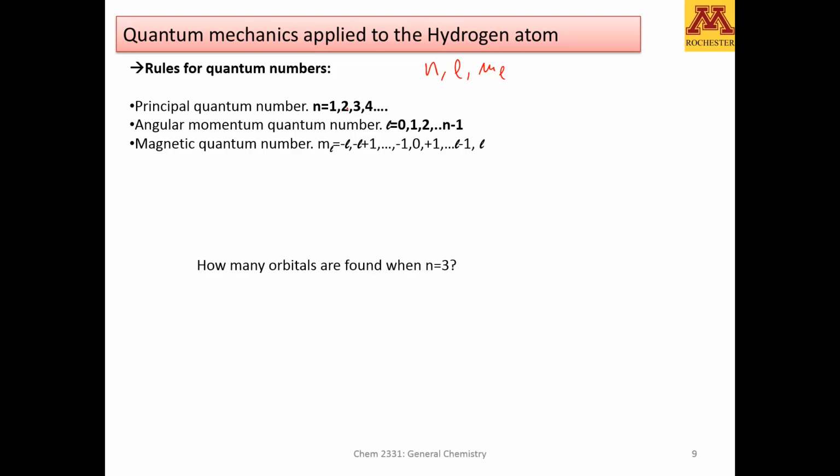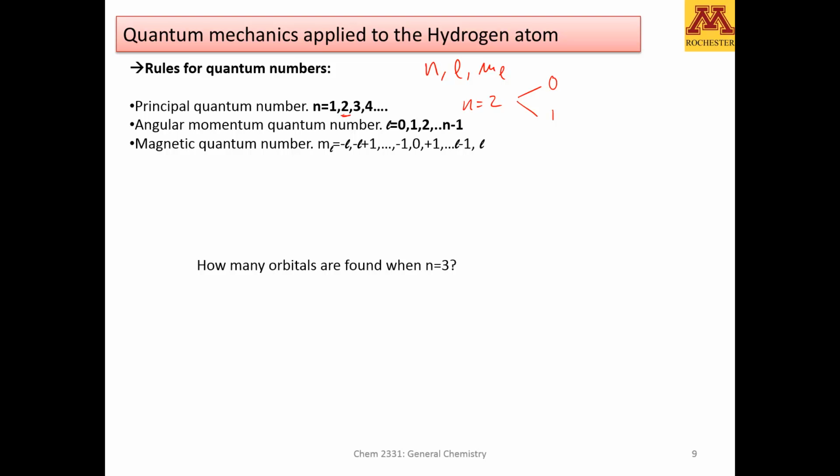So if you choose a specific n, say we're choosing 2, notice that l can only be 0 or 1. It goes all the way to n minus 1. If n is equal to 2, l can only be 0 and 1, so 2 minus 1 is 1.